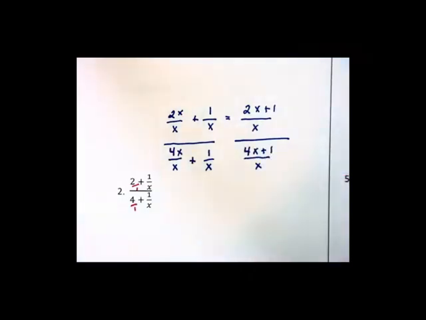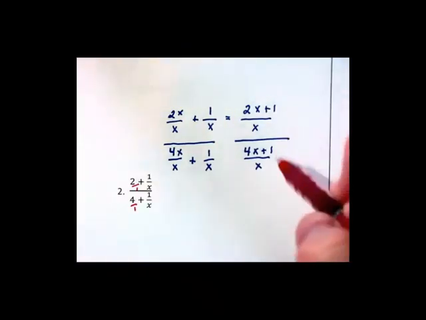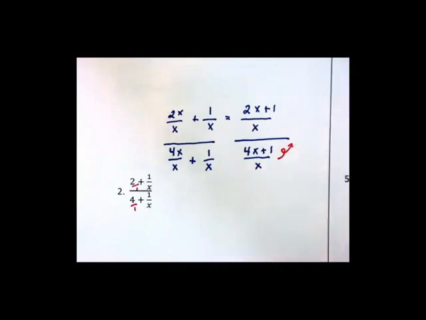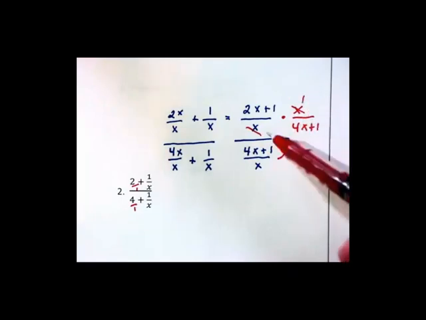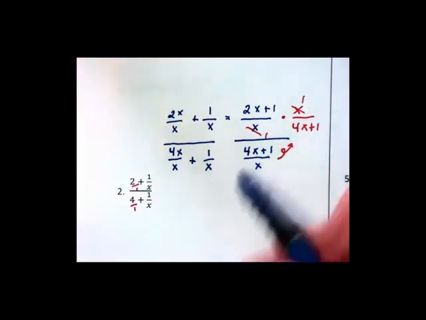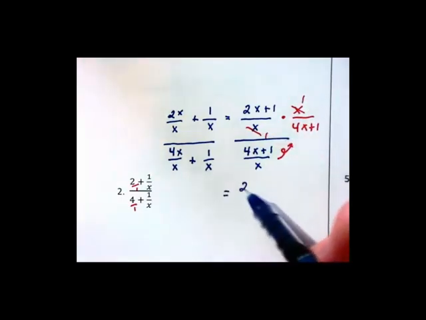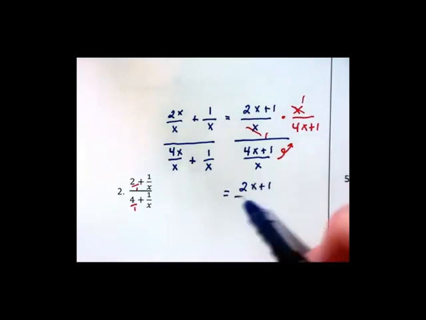And then we had what we had in the previous problem, where we have a fraction divided by a fraction. So this bottom fraction will multiply upwards here. We're going to have x over 4x plus 1. And on the diagonal, the x's will cancel each other out, and you are left with an answer of 2x plus 1 over 4x plus 1.